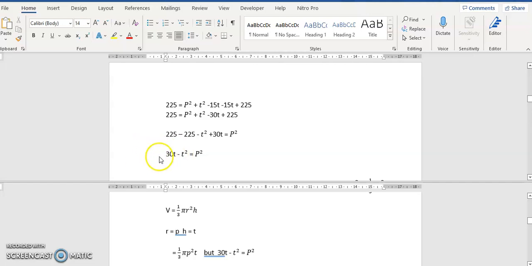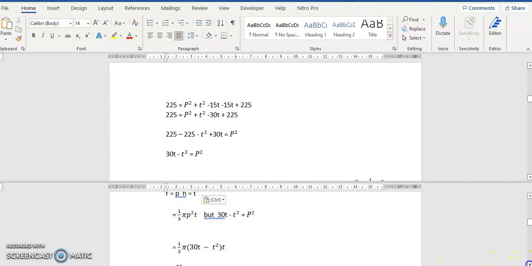So in place of p squared, we are going to substitute this there. So here we still have our 1 over 3 pi. Instead of writing p squared, we are going to write 30t minus t squared, because p squared is equal to 30t minus t squared. So this will represent p squared, then our t.